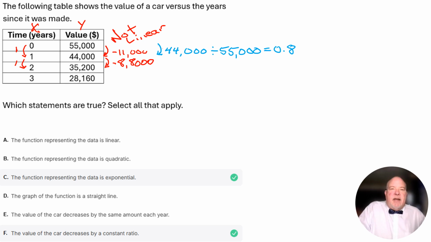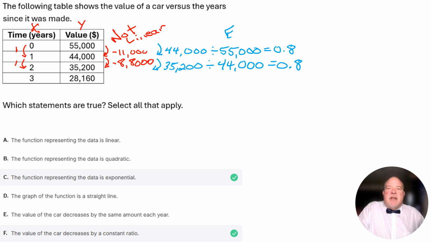Now I look at the next group here, and I'm going to divide again. So I'm going to do 35,200 divided by 44,000. And when I do that, you get 0.8 again. Since that's consistent, that tells me that this data is exponential. So I know I'm dealing with exponential data.